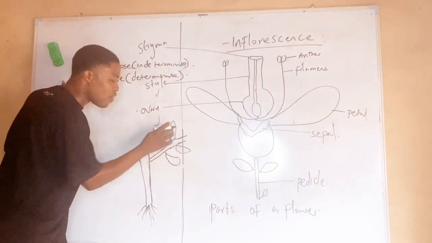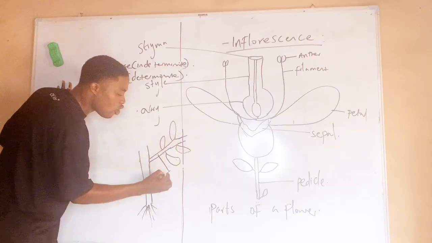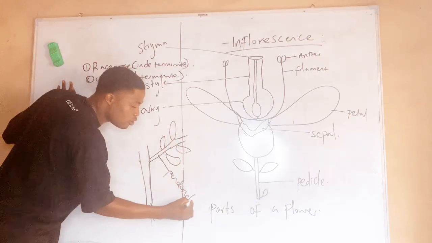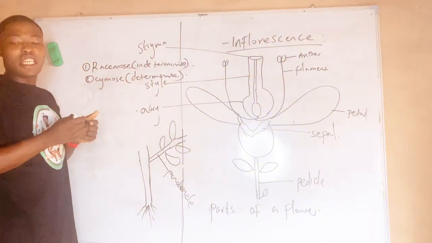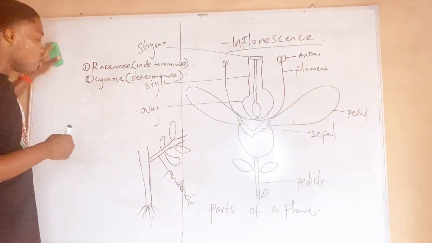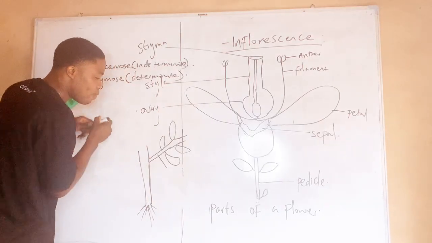Now, the primary axis of the leaf that gives us the flower is called a peduncle. Please don't forget that. The word is peduncle.